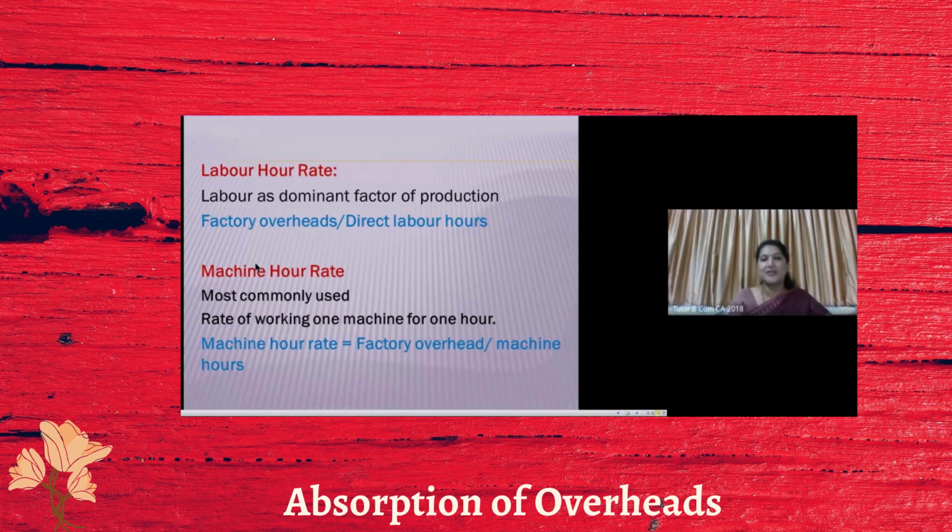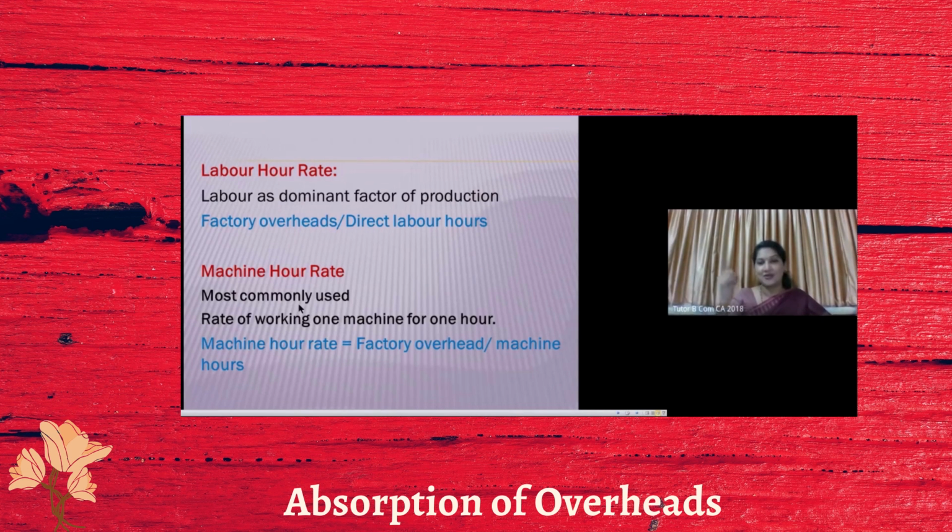And machine hour rate, this is very important, which you have to understand. This is the most commonly used method because of the uniformity which we can observe when we are following this method. It is nothing but the rate of working one machine for 1 hour. That's why it's called machine hour rate.